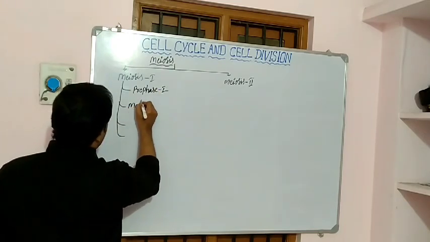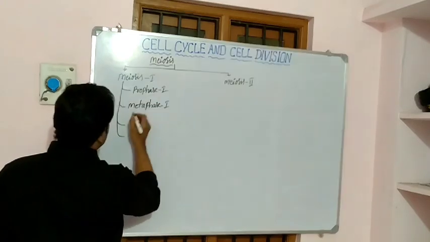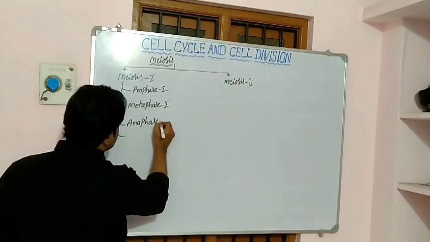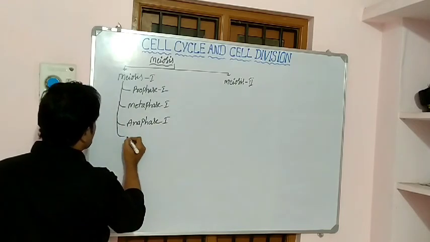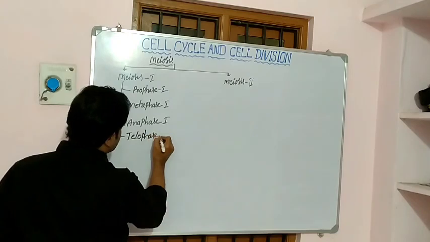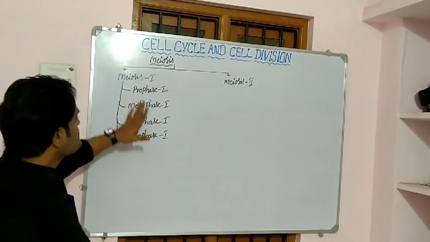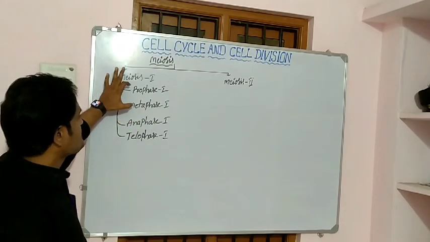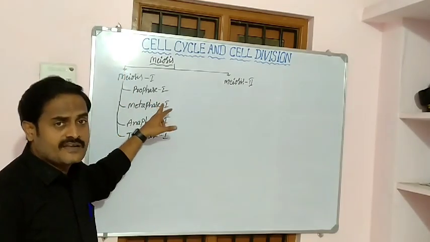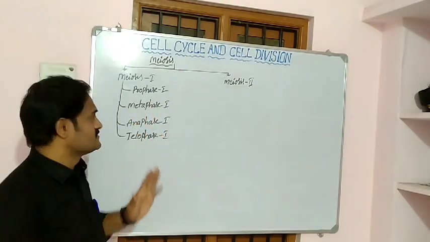Second one, metaphase 1. Third one, anaphase 1. Fourth one is called telophase 1. The meiosis 1 consists of 4 phases: prophase 1, metaphase 1, anaphase 1 and telophase 1.